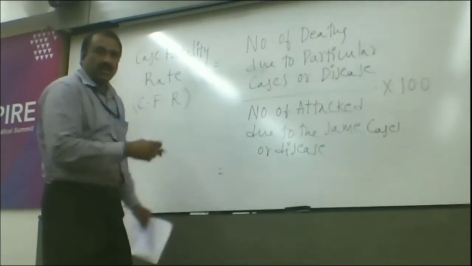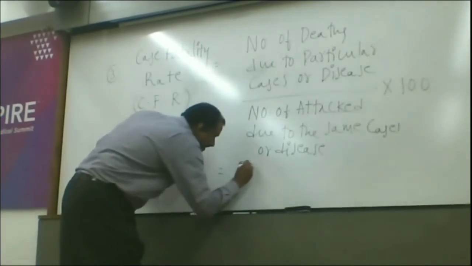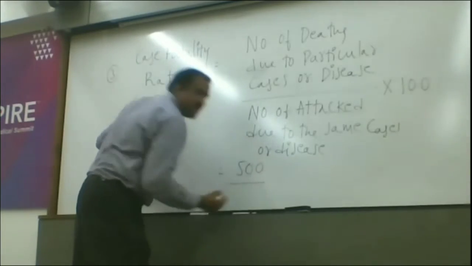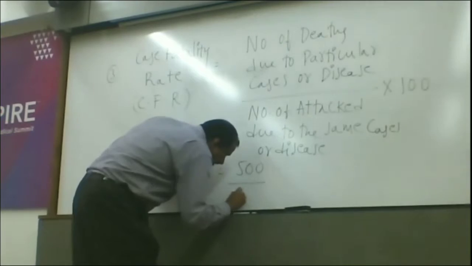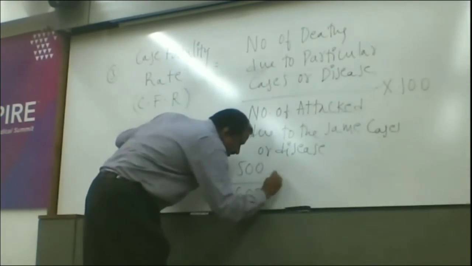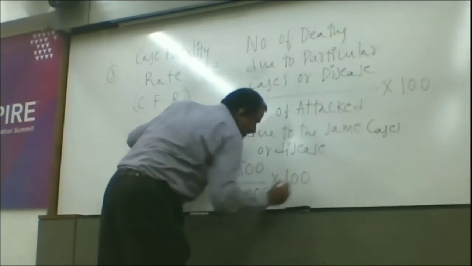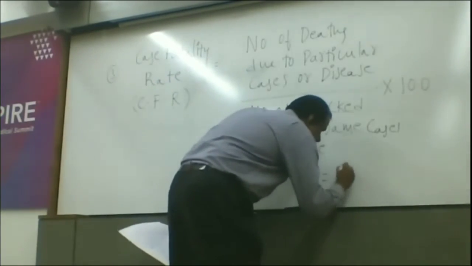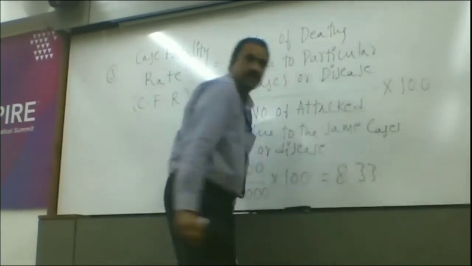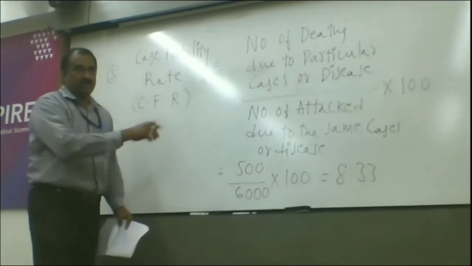So here the total number of deaths of COVID-19 in that particular place is 500, divided by number of attacked, the total number of cases, 6000, into 100. This is going to be 8.33. Please go through once again.